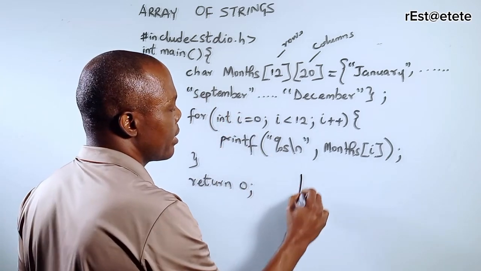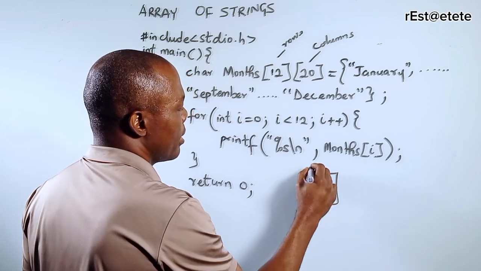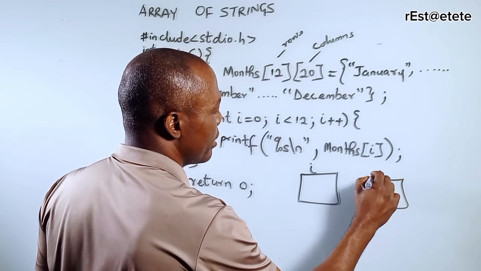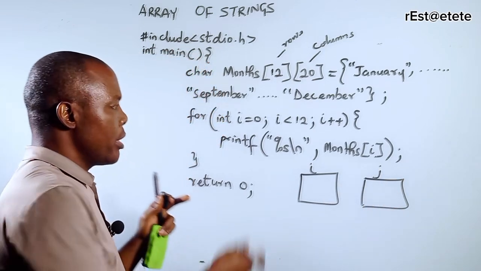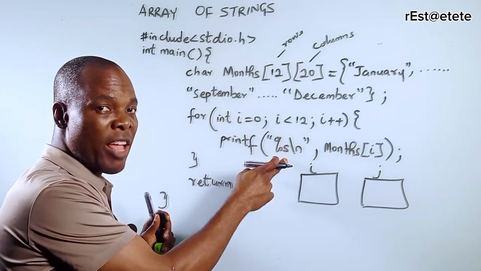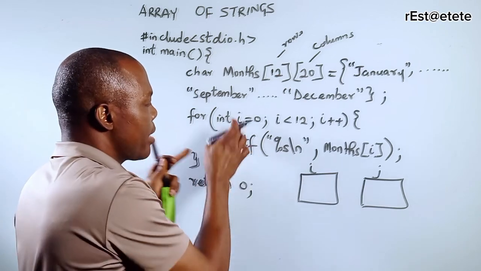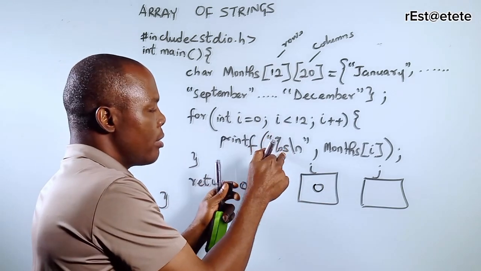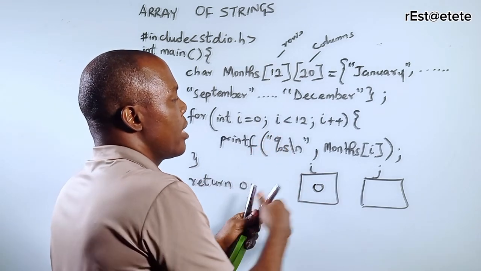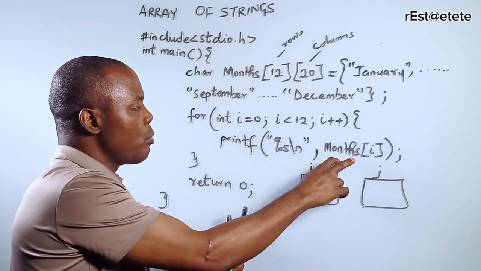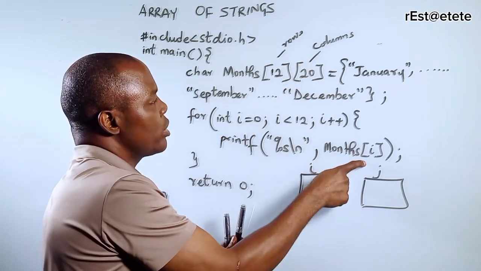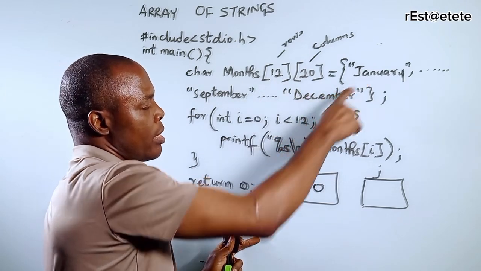I and j, that's what it should be. This one will have been i, then the second loop will have been j. So for i, when i is 0, you go in. This one will encounter the next, month[i], which is what? month[0] will be January.